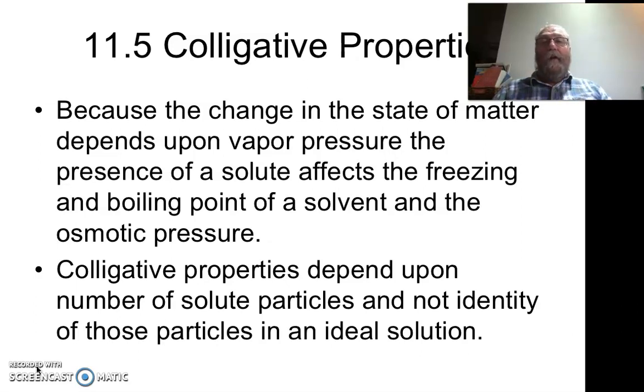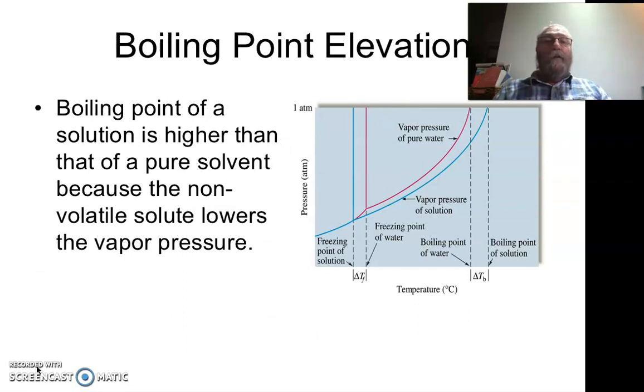We did do a lab earlier in the year on colligative properties, and this has come up in the past. So this is the depression of freezing point and the elevation of boiling point. Colligative properties depend upon the number of solute particles, not their identity. If we look at a phase diagram, the vapor pressure has been lowered because of these particles that are stopping the solvent evaporating, so the blue line represented here changes.